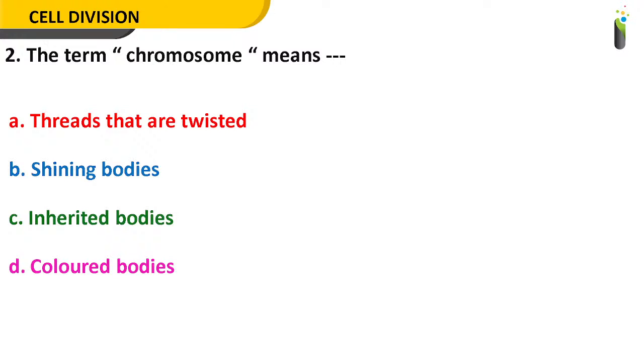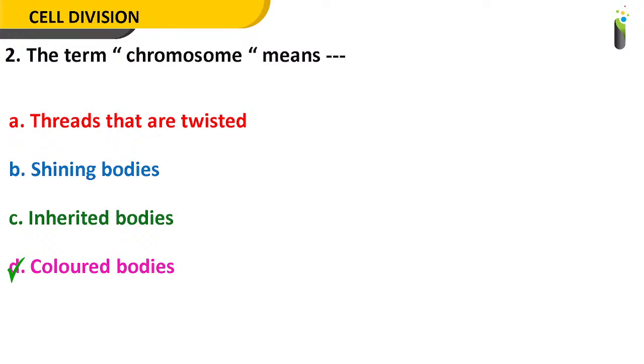The term chromosome means dash. Is it that the threads that are twisted? B. Shining bodies. C. Inherited bodies. And D. Colored bodies. The correct answer for this question is D.